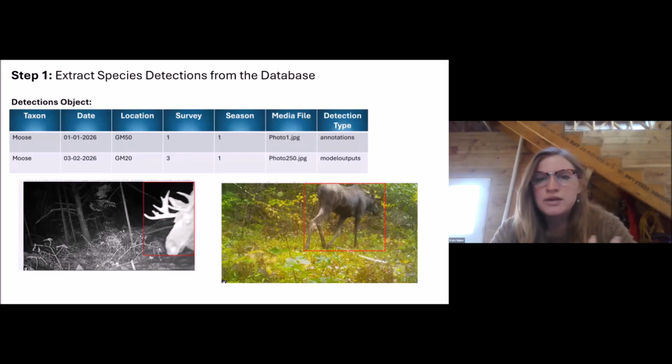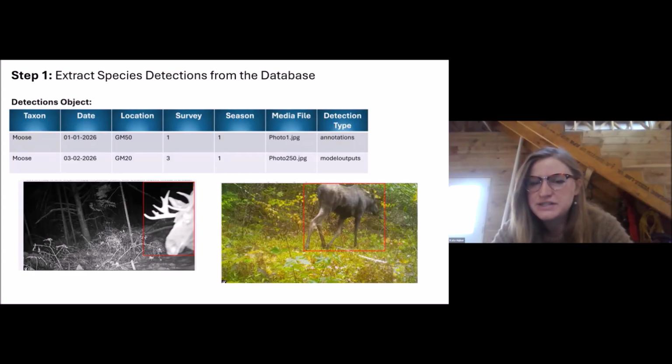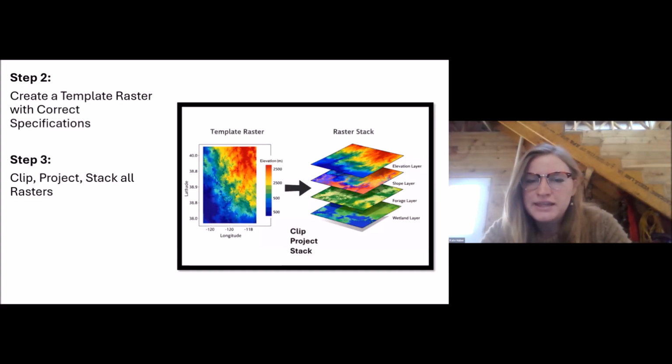For example, step 1, you would extract your detections from the database, whether the species of interest was detected or not. And then steps 2 and 3, you're working with your raster and spatial data. So you make a template raster, to the correct specs that you would like, the extent and the projection that you would like. And then you use that template to clip, project, and stack all of your other spatial covariates.